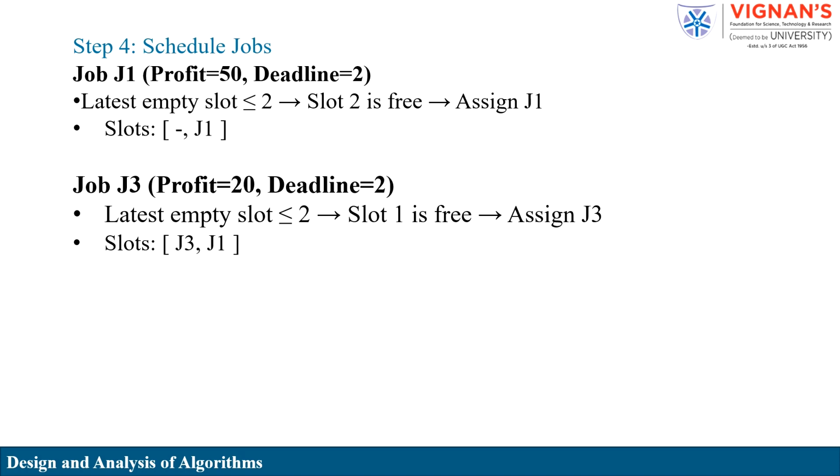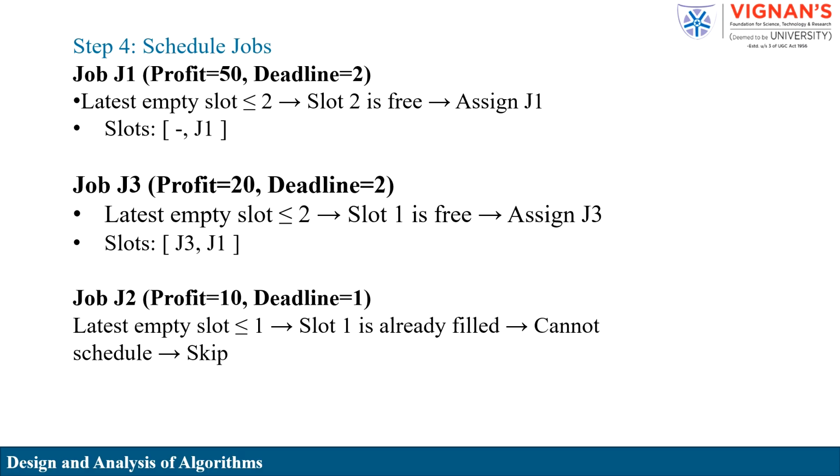The current slots are J3, J1. Now, consider job J2. Job J2 has a profit of 10 and a deadline of 1. We check the latest empty slot less than or equal to 1. Slot 1 is already filled, so job J2 cannot be scheduled and is skipped.